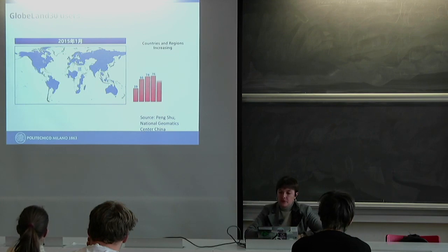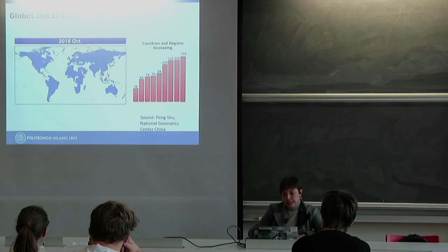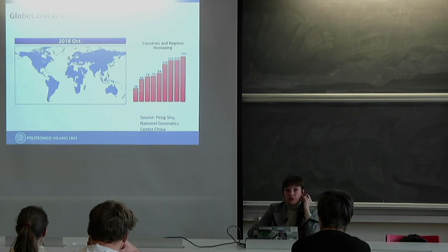Okay, with respect to GlobeLand30, you can see those are slides that were provided to me directly by the people of the National Geomatics Center. You can see that the usage of the map in time has increased a lot over the years. You see that at the beginning, only 39 countries were using this map.